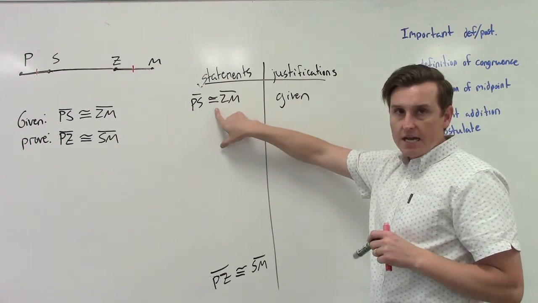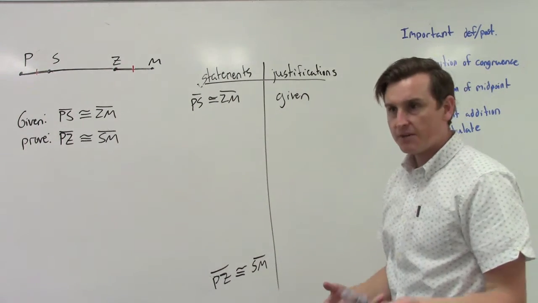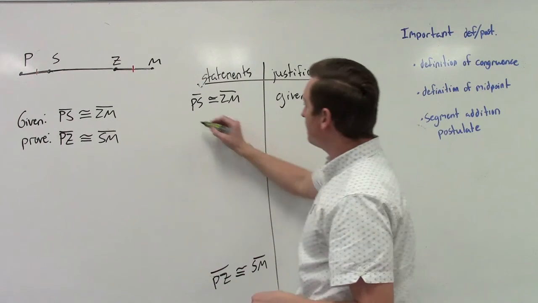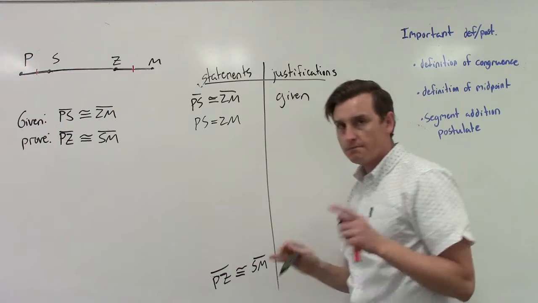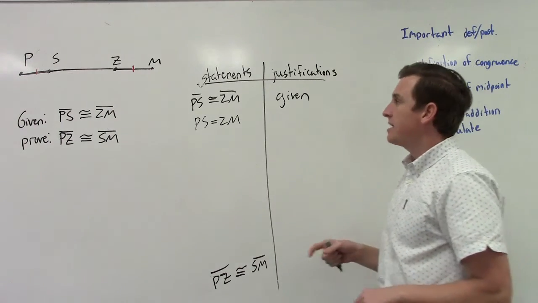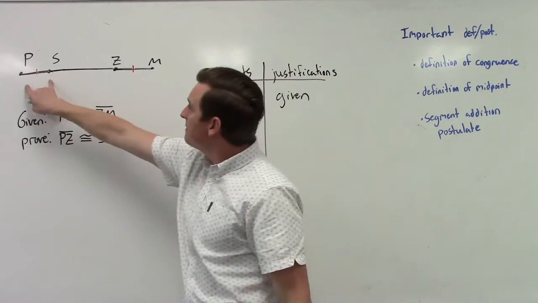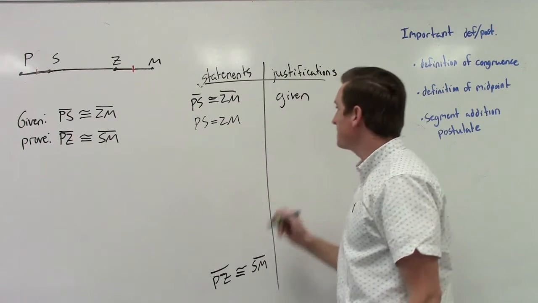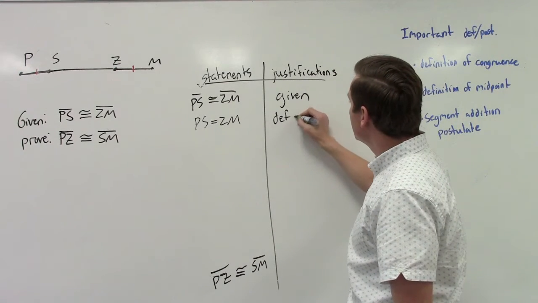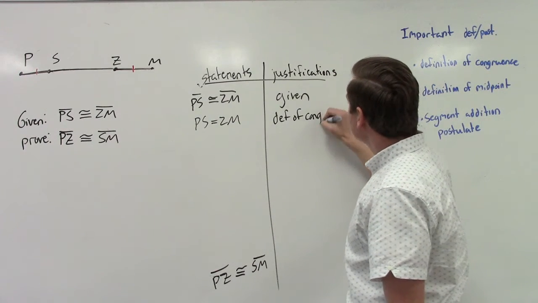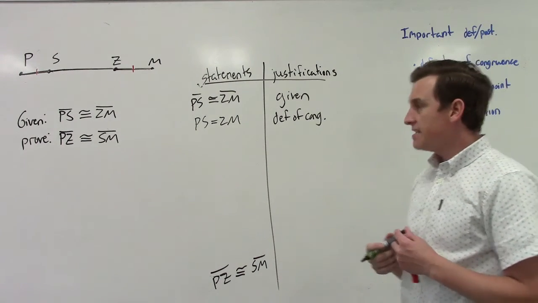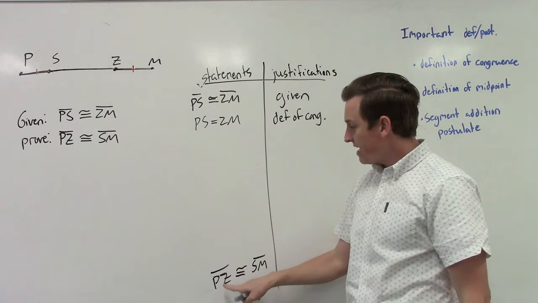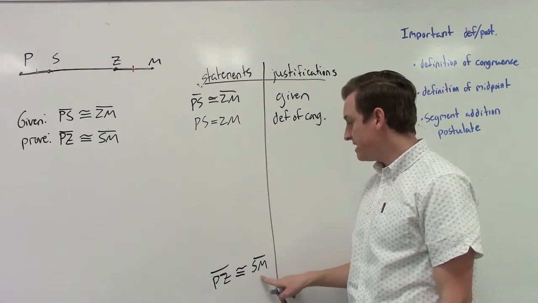What does congruence tell us? What is the next step once we have congruence? Well, if we have congruence, that means we have equal measurement, equal length. So if these two guys are congruent, that means their lengths are the same. So this is definition of congruent. For the next statement, we're trying to get closer to PZ and SM.